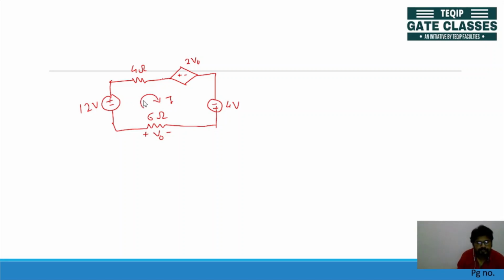Let's say here is a voltage V1. Apply KVL, so we are traveling like this.